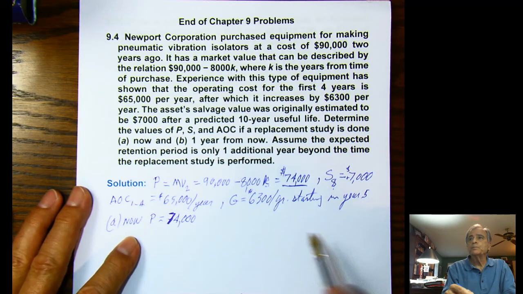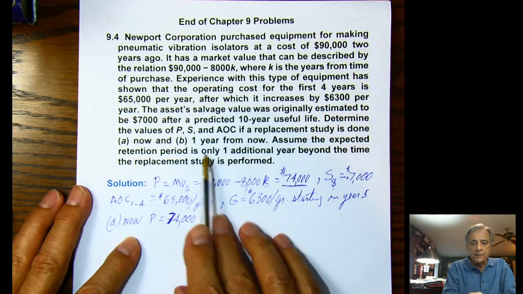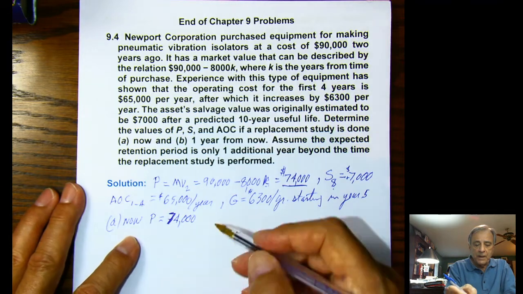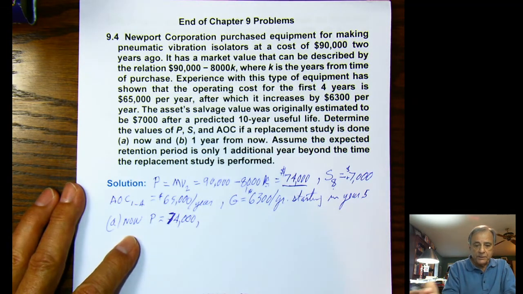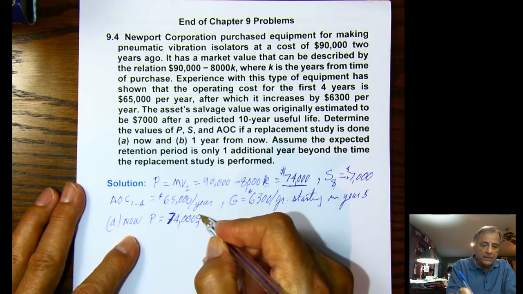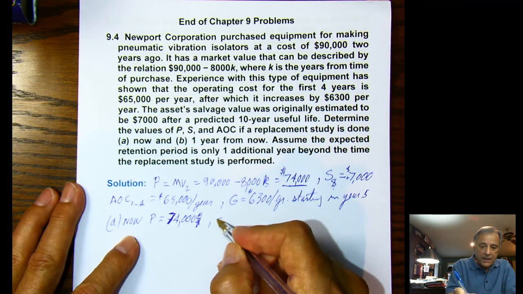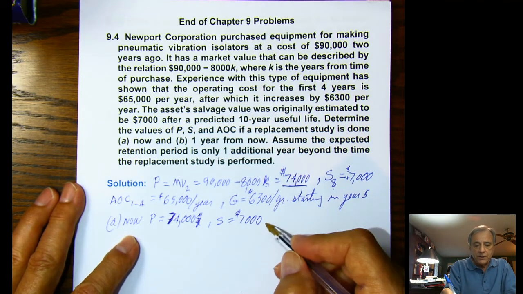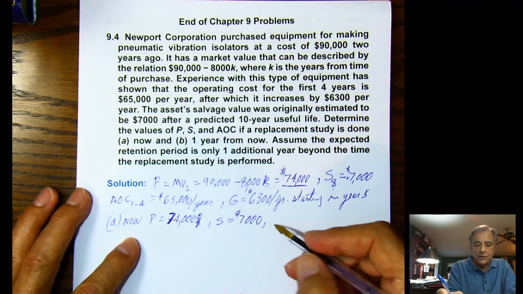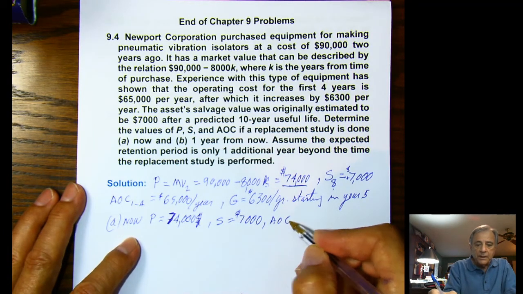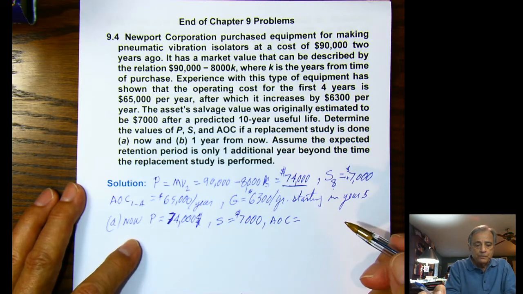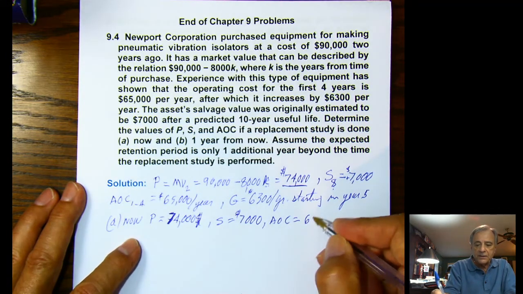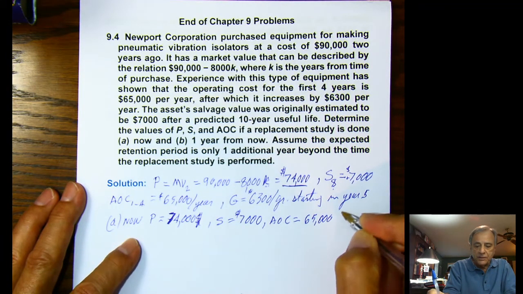Okay, so then the next thing it wants is the salvage value. Well, the salvage value is still $7,000. This is dollars, and the salvage value S is $7,000, and the annual operating cost is, let's see, for the first 4 years $65,000 per year.